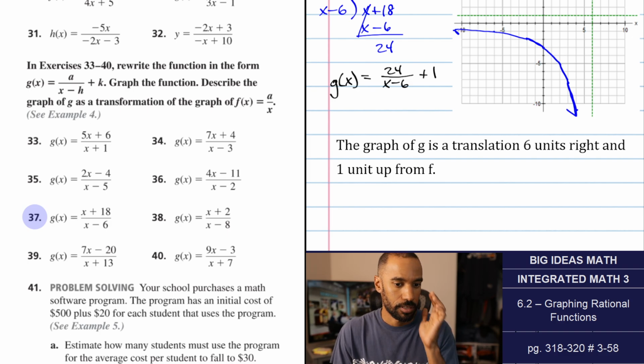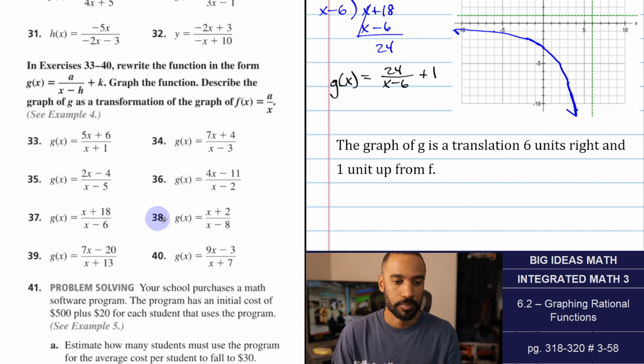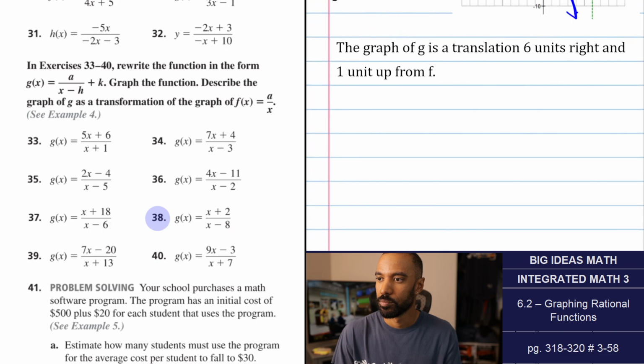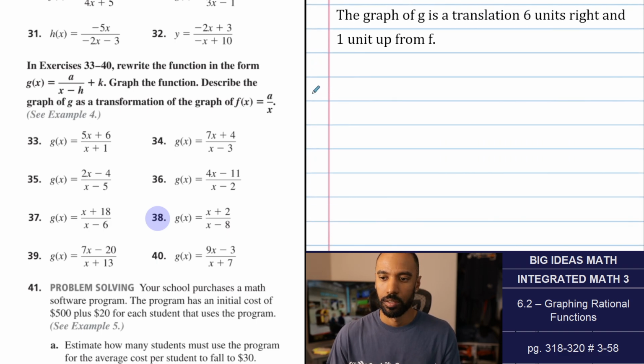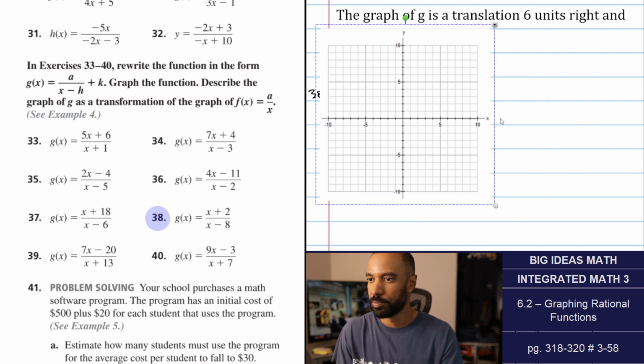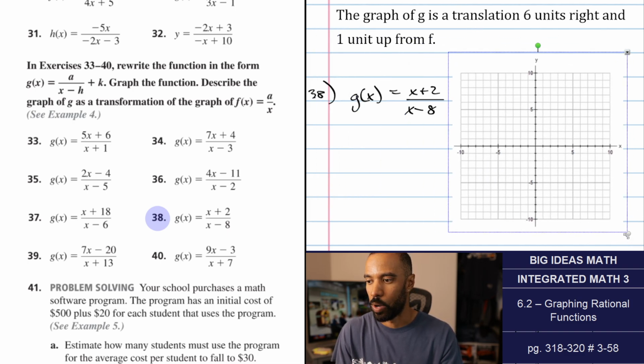Number 38. g of x equals x plus 2 over x minus 8. We'll use synthetic division on this one, because why not?